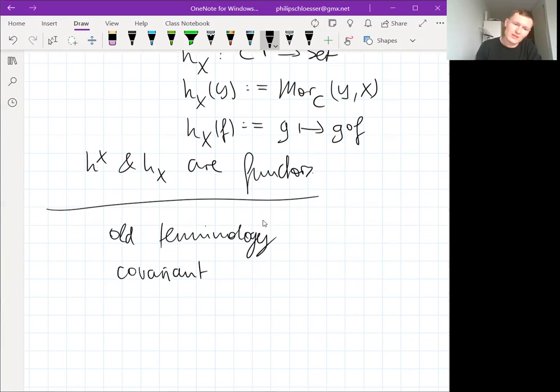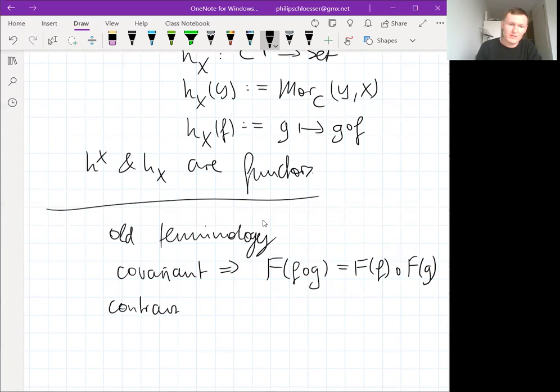Covariant means that function composition turns into function composition like we saw above. And contravariant means that it reverses the order.